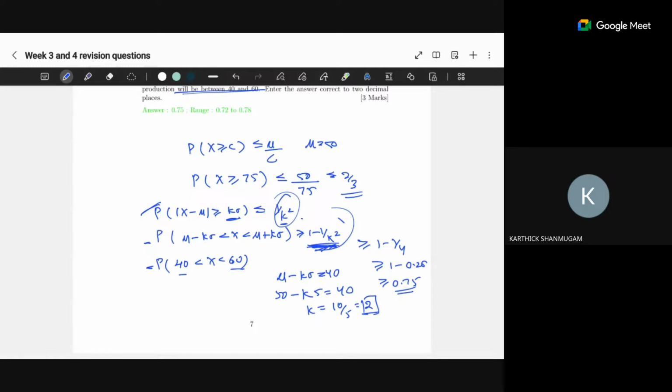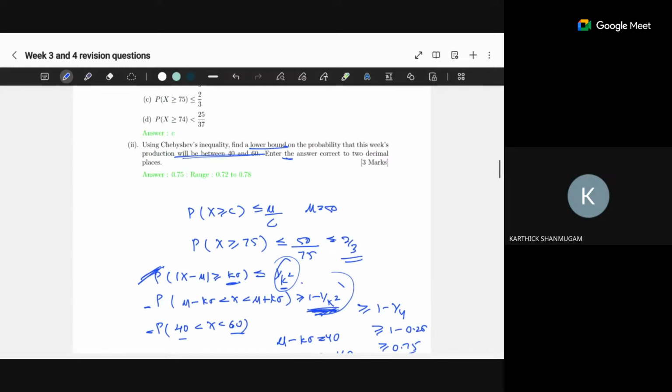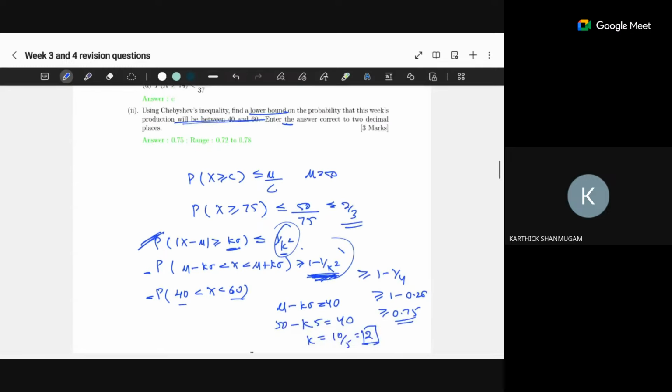In a similar way you will get this question. They won't give you the direct equation. They will give it in a statement. Then you have to figure out what equation is being formed, and then calculate the bounds. Okay.